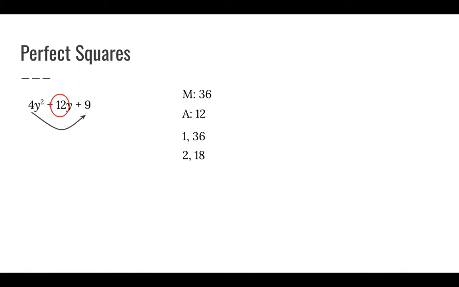We're getting closer. 3 and 12 is 36. 3 plus 12 is 15. Again, we're getting closer. And then we get 4 and 9. 4 times 9 is 36, but 4 plus 9 is 13, so that's really close. But the last combination that I can come up with is 6 times 6 gives us 36. 6 plus 6 is 12, so those are the two numbers that I'm going to use.